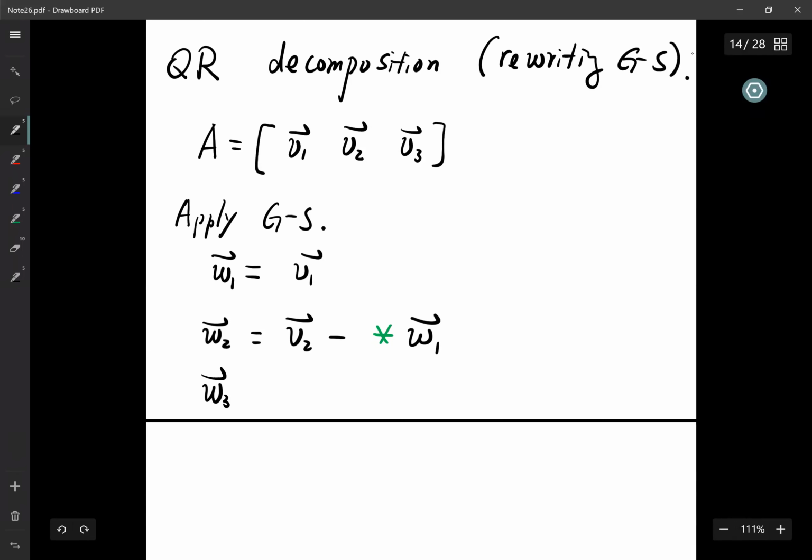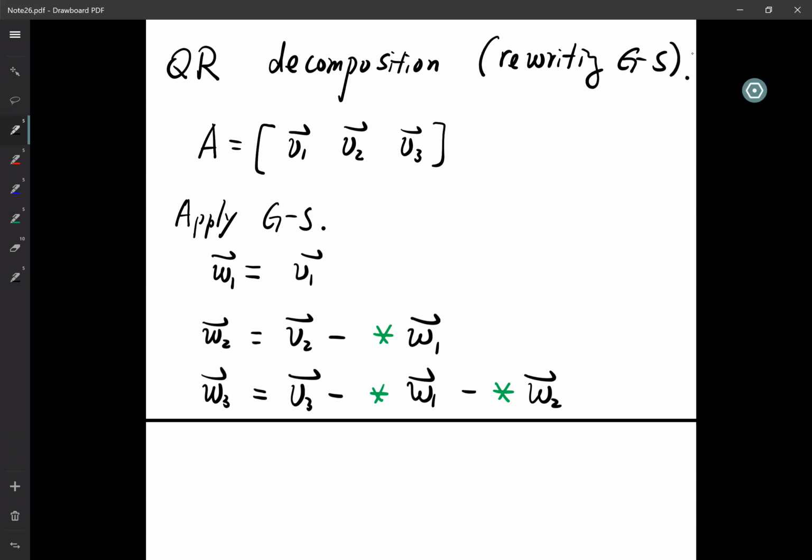W3 equal to V3 minus a number times W1, minus another number times W2. And we can continue, but I'm only using a matrix with 3 columns as an example. Everyone following what I'm doing here? Good.